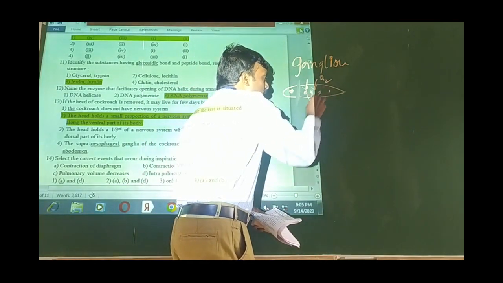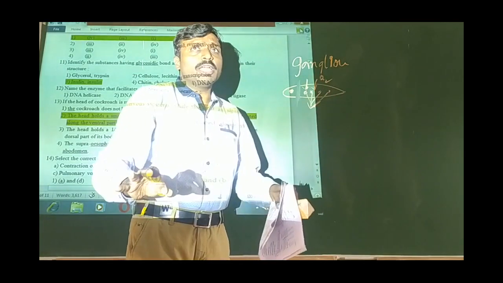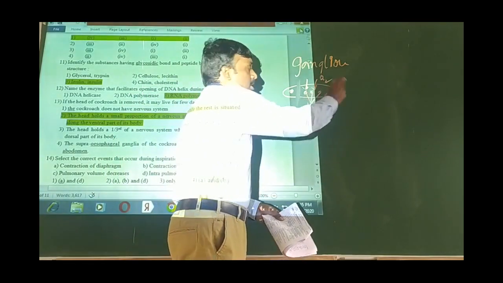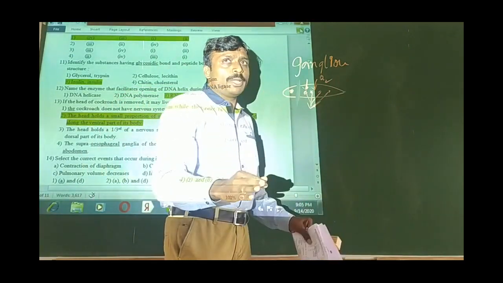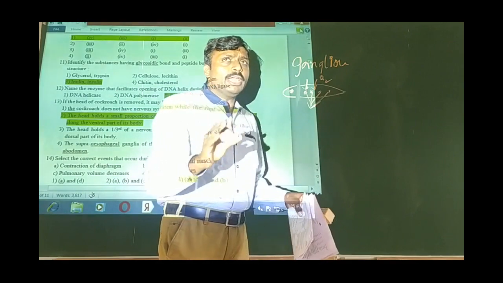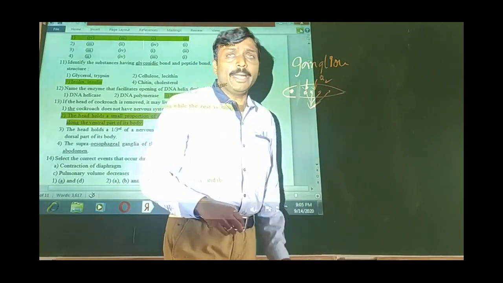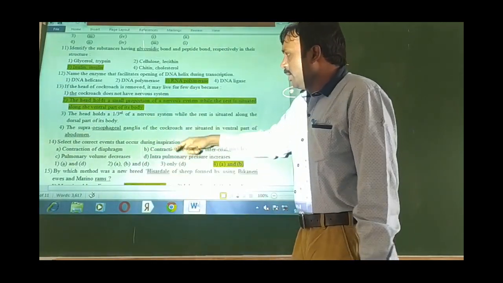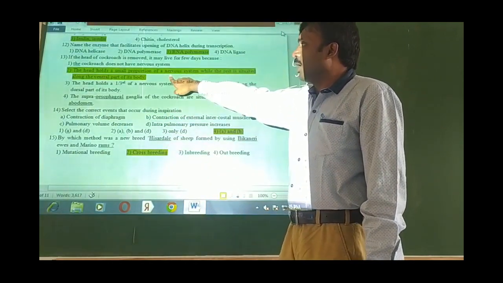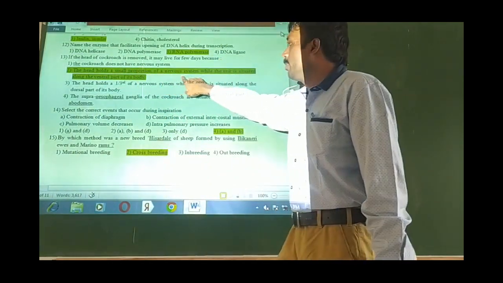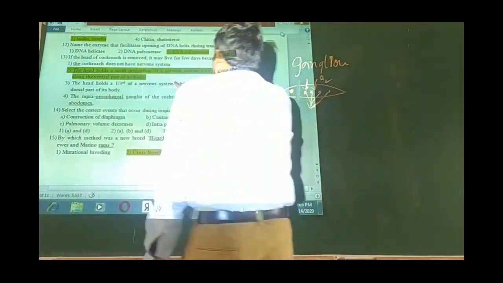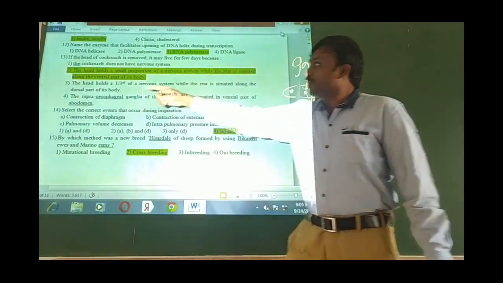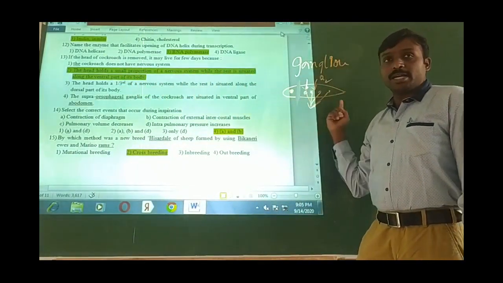When these ganglia totally stop their functioning, then the total body will be considered dead. So here option 2 becomes our answer. The head holds a small proportion of the nervous system, as I just told you, while the rest is situated along the ventral part like this.